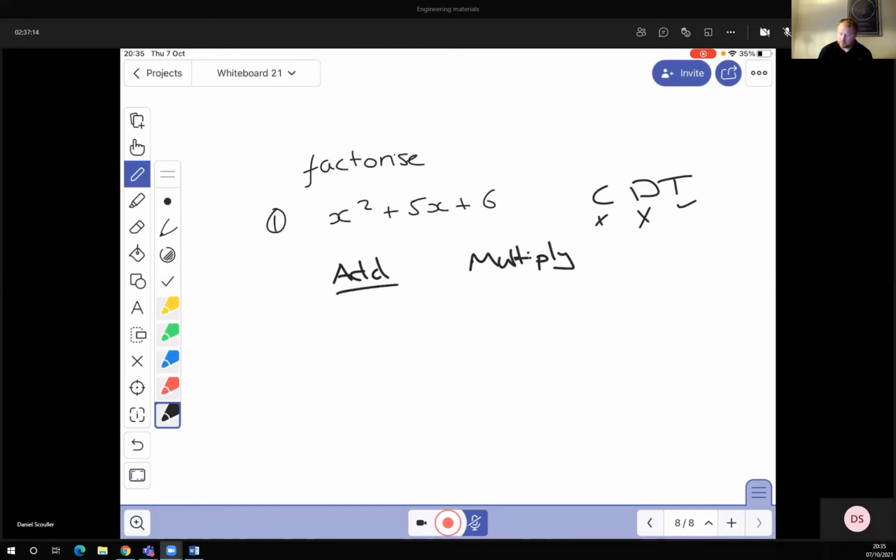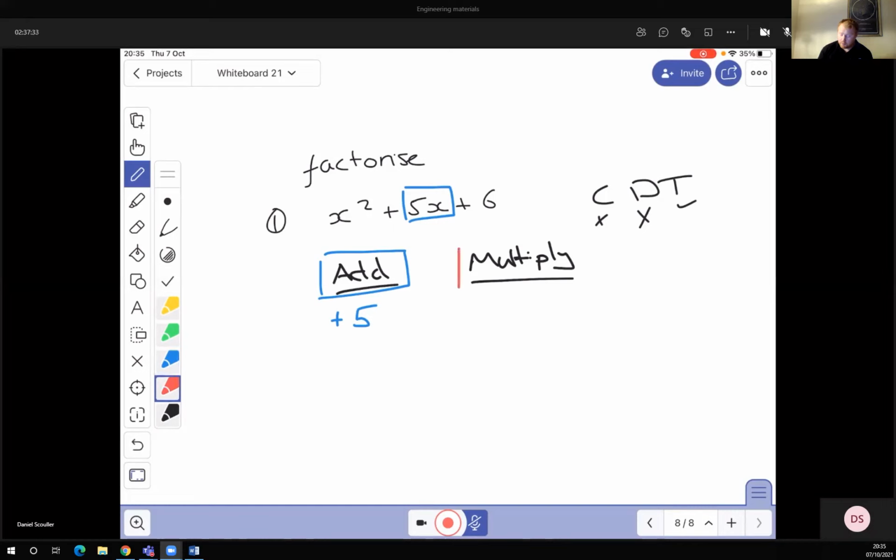Underneath add, we're taking the b term, and remember you can put a wee positive sign just to make sure you've got that visual.